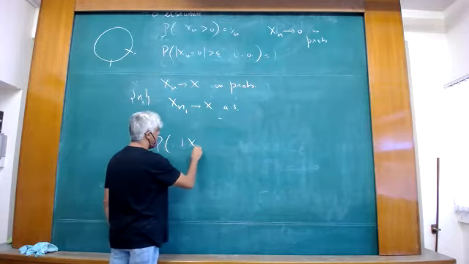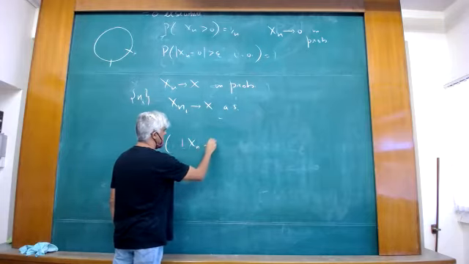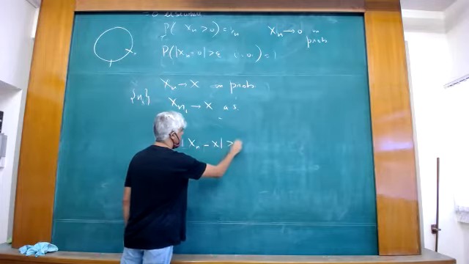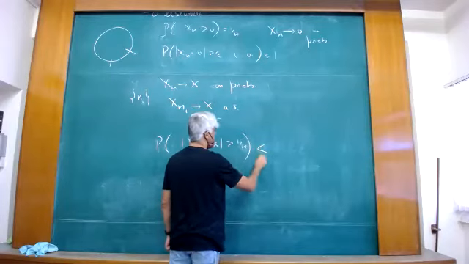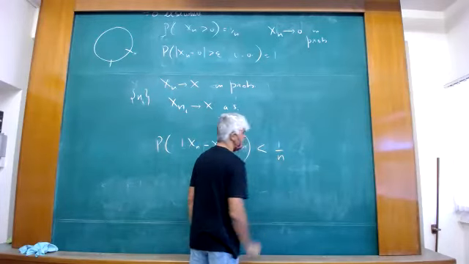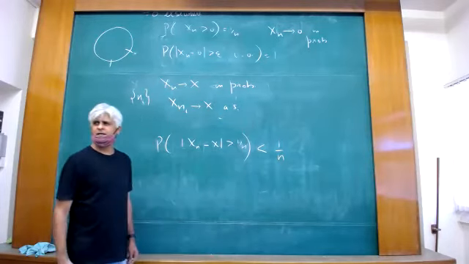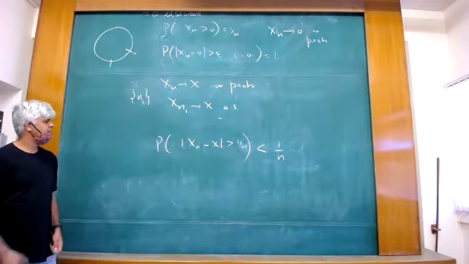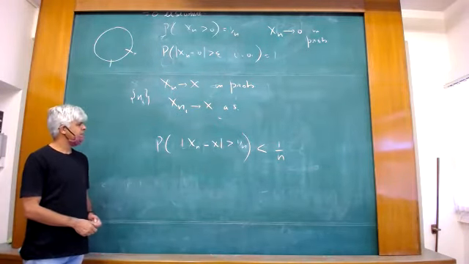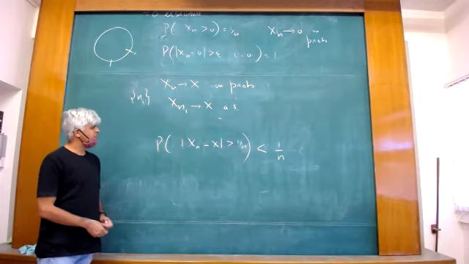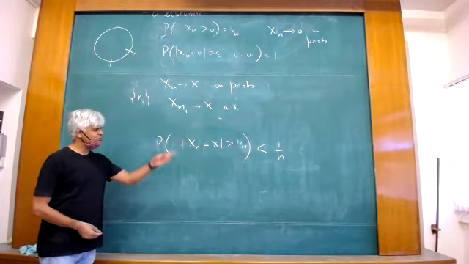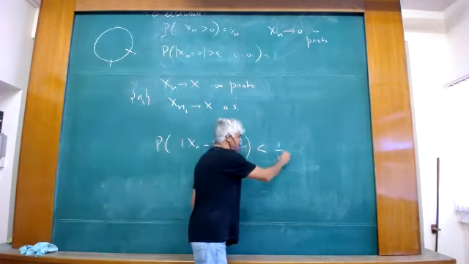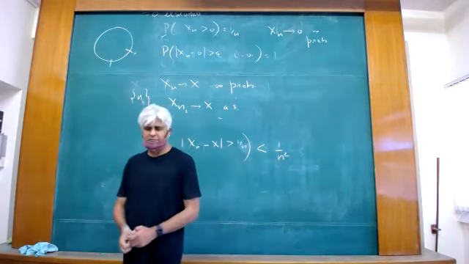This is true for arbitrarily large n, since the convergence is in probability. So that's why you maybe want to get 1 by n squared. Yes. So that part is fine.